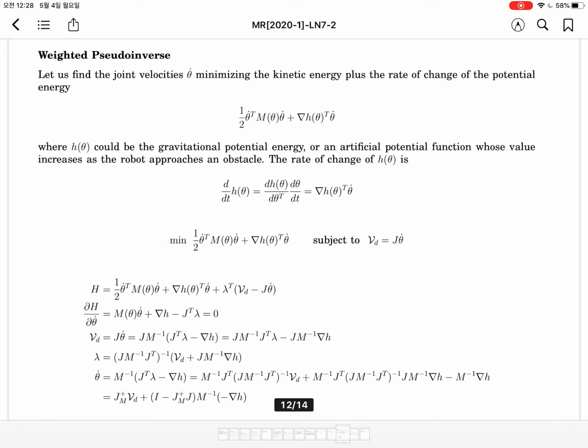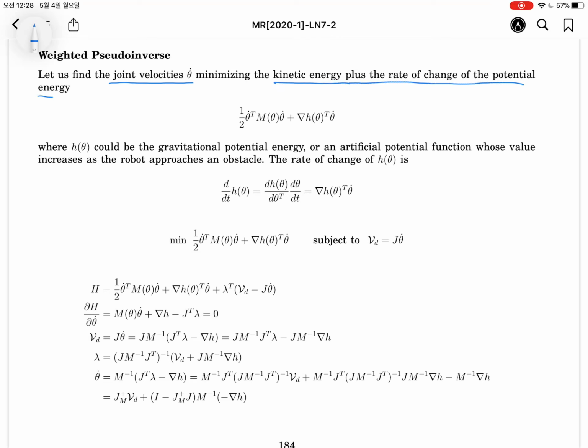Okay, let's generalize the inverse to be more general. Let's find the joint velocity theta dot that minimizes the kinetic energy plus the rate of change of potential energy. In many cases, if you know the notation of the robot system, this term will be G transpose as a function of theta.